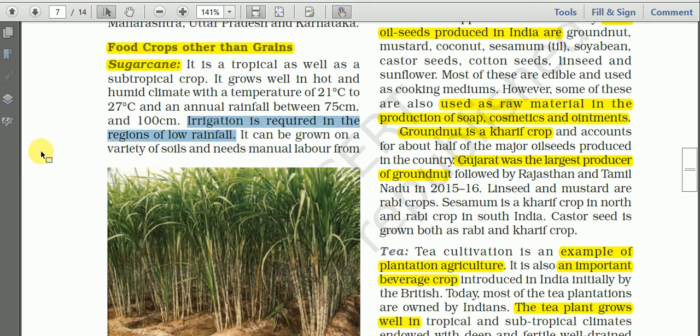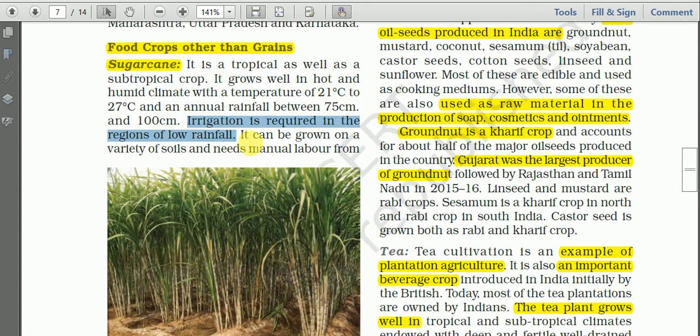Irrigation is required in regions of low rainfall. Actually 75 to 100 is a moderate amount of rainfall. If it is less than this amount, then irrigation is required for growing sugarcane.